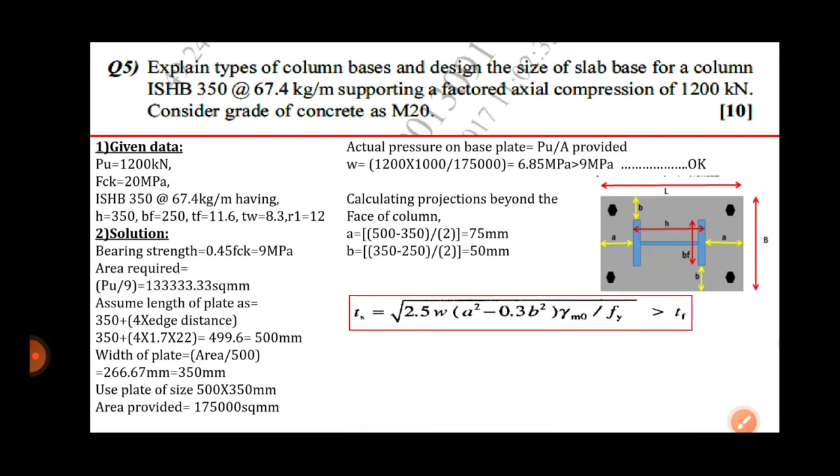And according to the formula of IS 800 2007, ts is equal to the square root of 2.5 into w into bracket a square minus 0.3 b square bracket into gamma m0 divided by fy, and gamma m0 is the partial factor of safety.